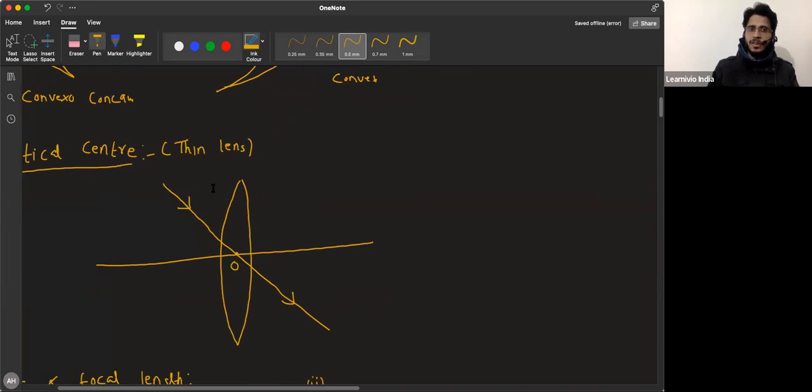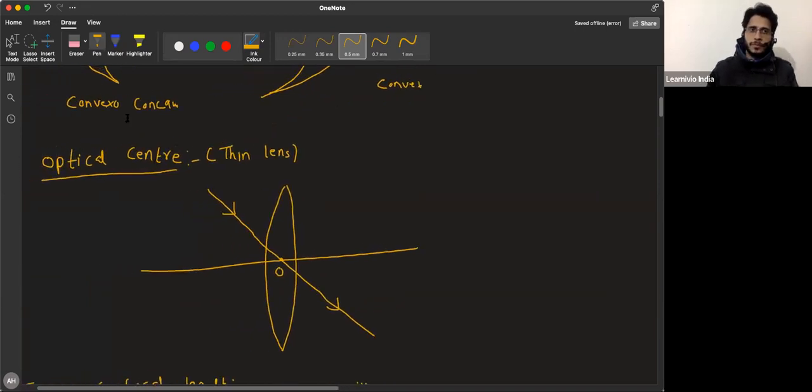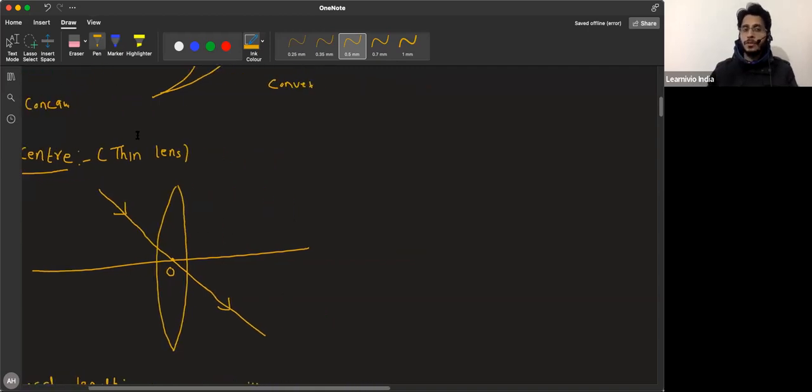Now let's define the optical center of a thin lens. If you incident a ray on a thin lens, then the ray passing through its optical center will go without any refraction. It will not deviate, it will go straight if it is passing through the optical center of the thin lens. This is valid for both types of lenses, for concave as well as the convex lens.